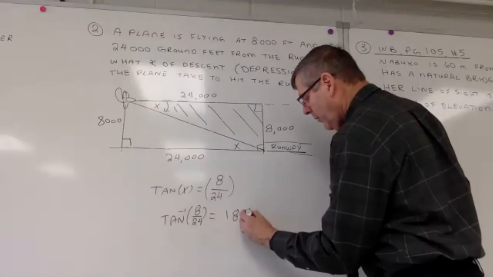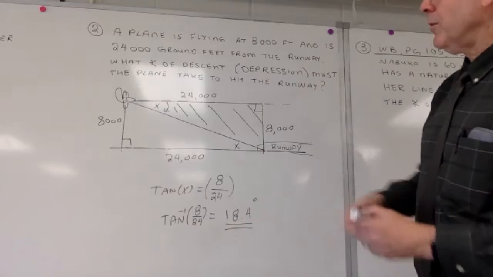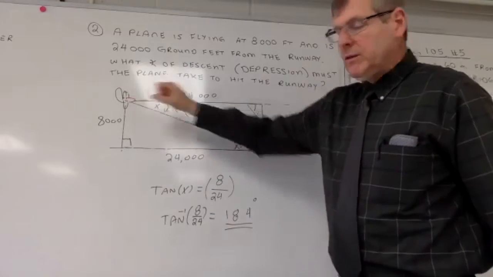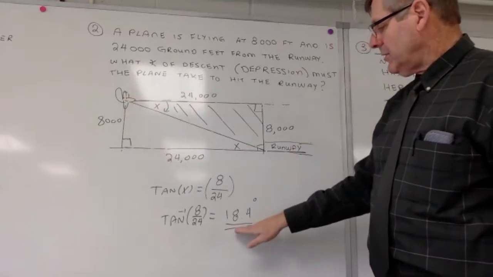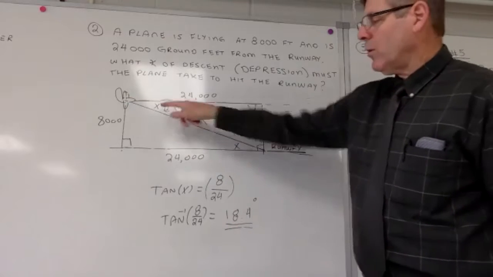So 18.4 degrees. Okay, so we just solved that problem for the pilot. If the pilot wants to hit the runway, he needs to do an angle of descent of 18.4 degrees.